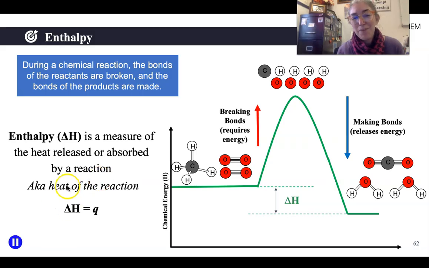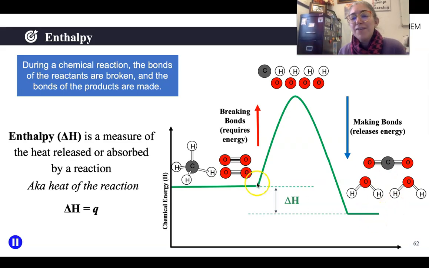So we call this enthalpy, aka the heat of the reaction. And we can draw these reaction diagrams, right? So if this is energy on the y-axis and this is time on the x-axis, originally we start out with reactants in a chemical reaction, and then the reaction happens, bonds break, and then reform into different compounds that have a different amount of potential energy in their bonds.